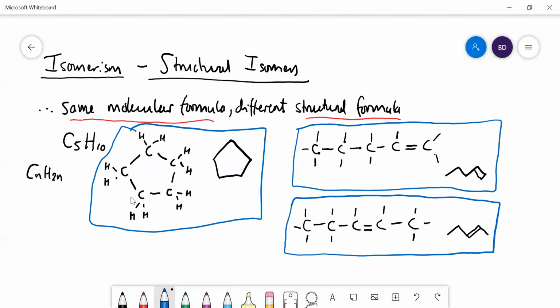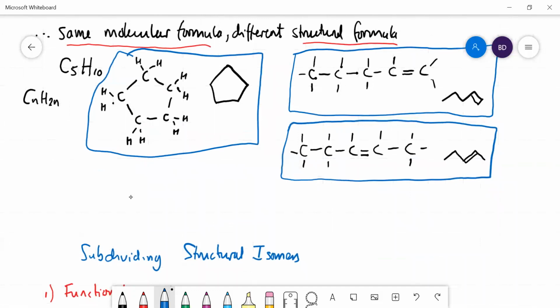Okay, if I put the double bond here, it would be the same, wouldn't it? So that's not another possibility. Or if I put it there, it would be the same as this one here. So I'm not going to do those. They're the same molecule.